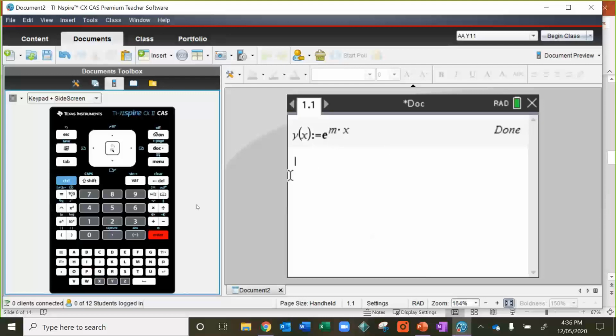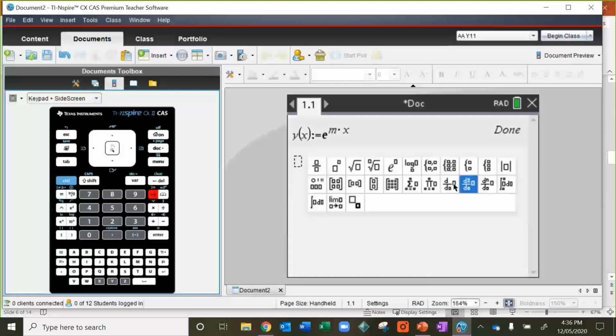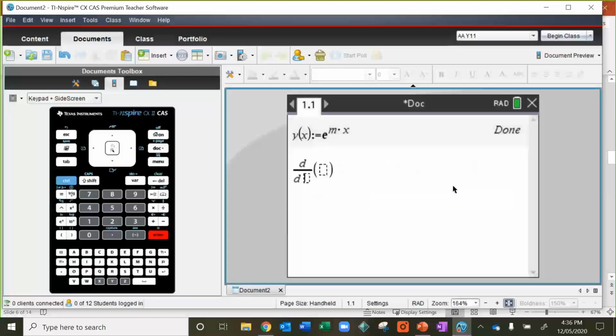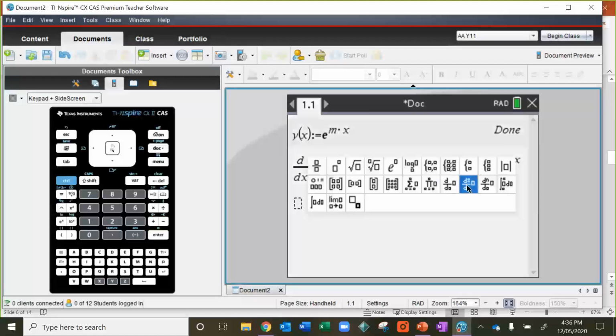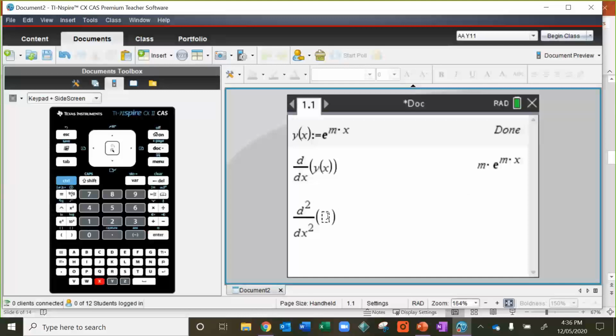In the differential equation, there was the second derivative and the first derivative. So now using the template for the first derivative with respect to x, I can say y, and you see it comes bold because we have already defined it. So this is my first derivative. And similarly, I can find the second derivative with respect to x of my predefined function. So the calculator helps with this.